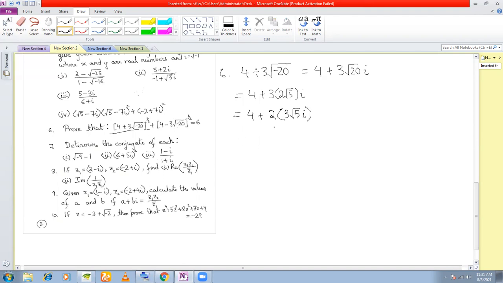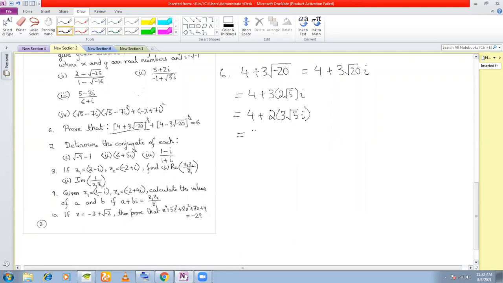Right? Now the question is, I have got a 2. I must have this in the ab form, right? So let's write this as, yes, I was right, 3 root 5i.